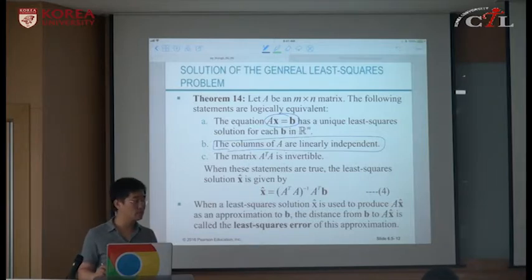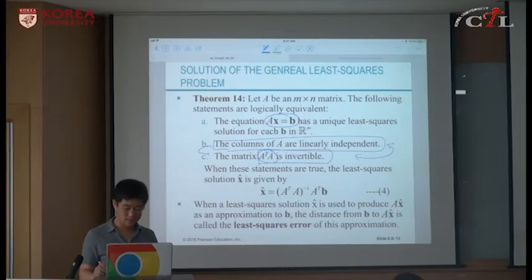And then I want to prove that when the columns of A are linearly independent, A transpose A is invertible. And these are necessary and sufficient conditions, equivalent conditions.